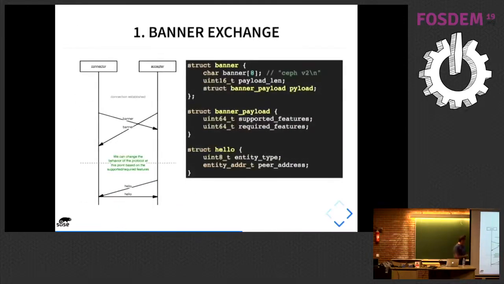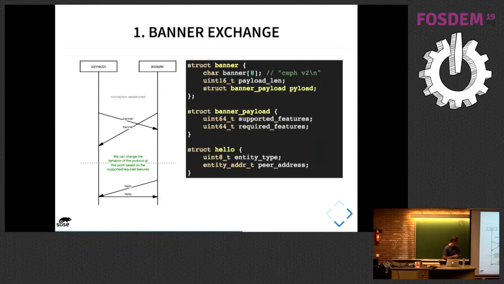Okay, so the first phase is the banner exchange. As soon as the transport layer establishes a connection, for instance with sockets, you have a TCP connection. As soon as the TCP connection is established and the acceptor has received it, they both concurrently send a banner to each other.